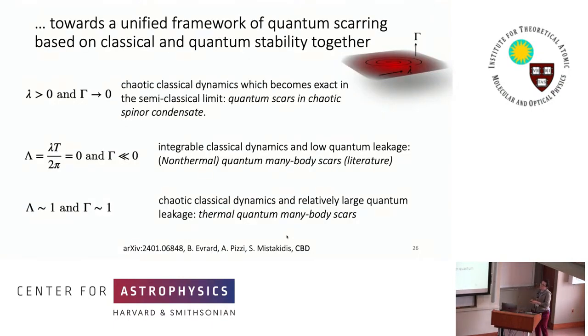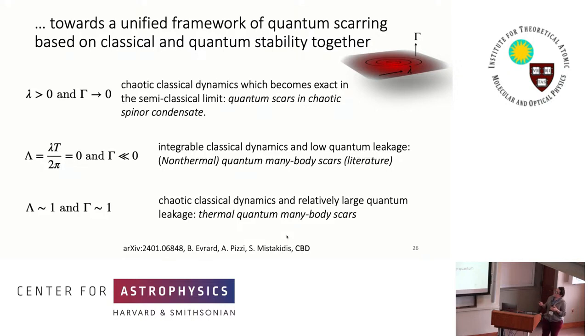So from here, I'd like to quickly wrap up. We aim to have a unified framework of quantum scarring phenomena that can encompass both the traditional definition of quantum scars as was defined by Rick Heller, but also the contemporary definition of quantum scars, the quantum many-body scars, as talked about in the literature.